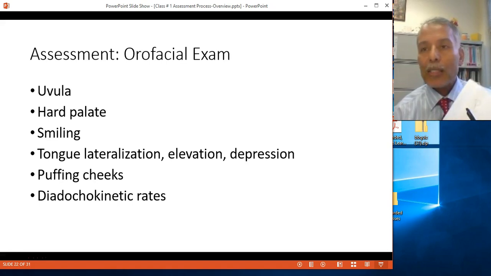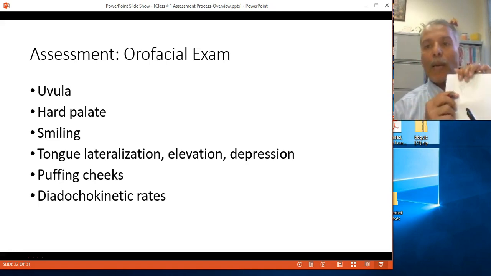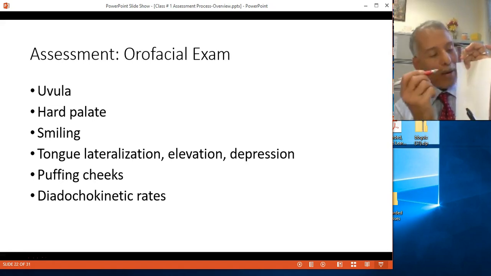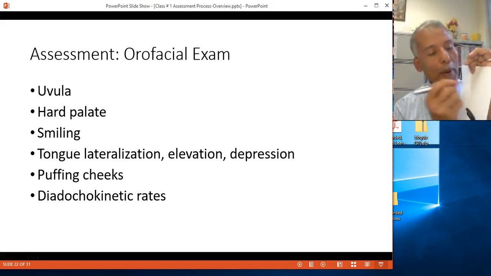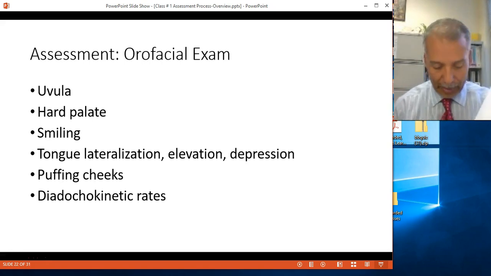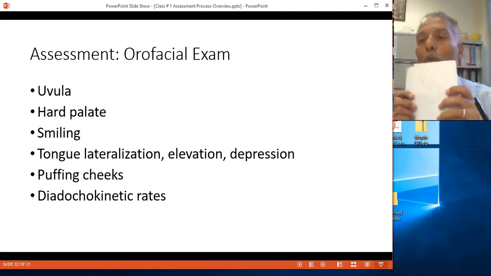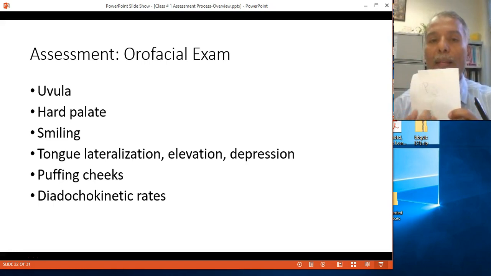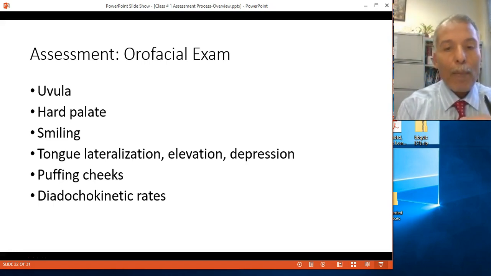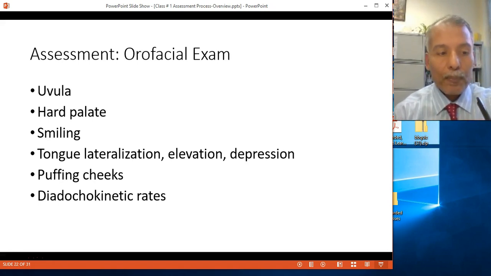Time them 10 seconds maybe, or 15 seconds, whatever it is. As they say pa, pa, pa, you can't do it quickly, so every time they say pa, you make a dot. When you finish in 10 seconds, you count the dots and divide by 10 seconds. That gives you a number, an average.